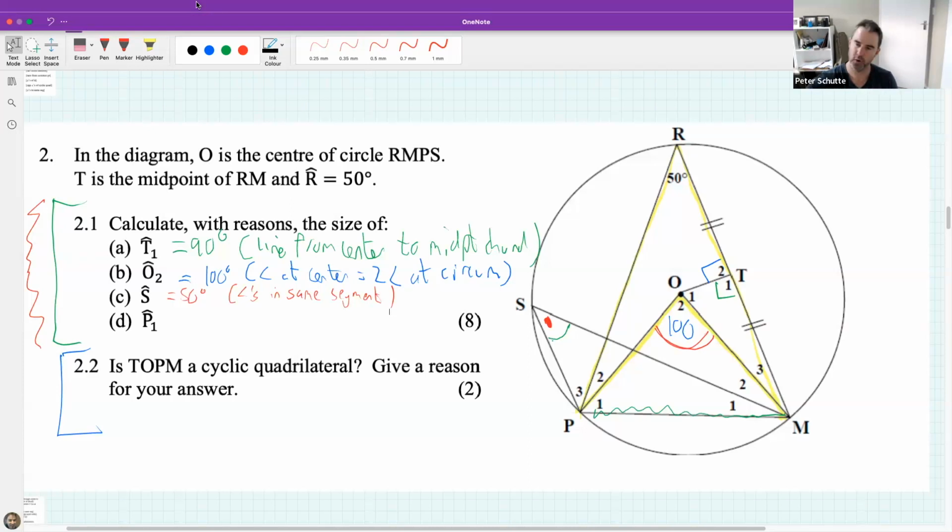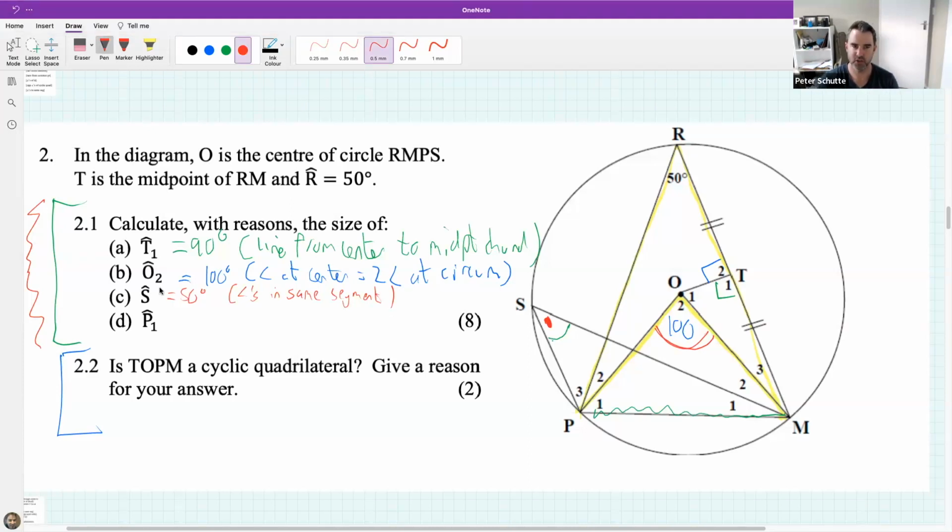I just want to know what's the other bit of information we use. So Amakle has spotted that this length over here must be equal to that length because of radii. Or, we could say OP equals OM, radii. Now that helps us.